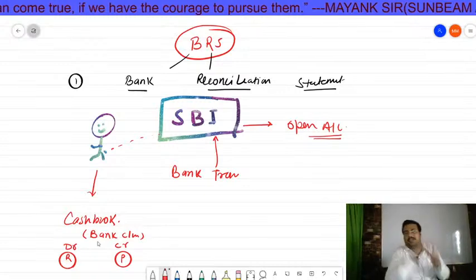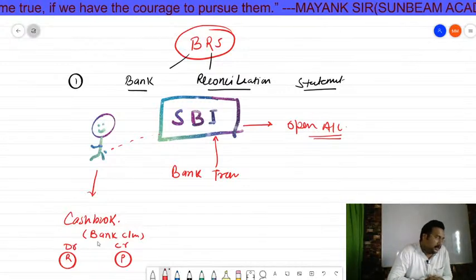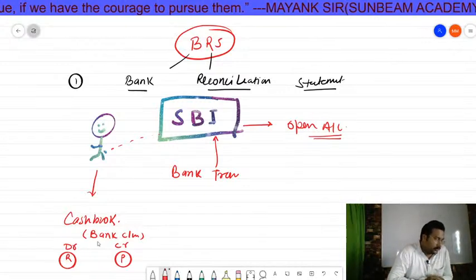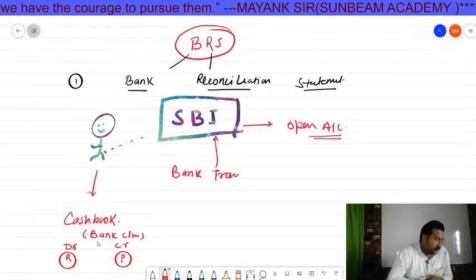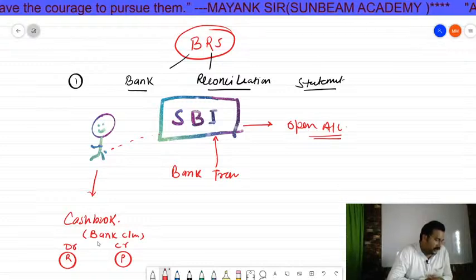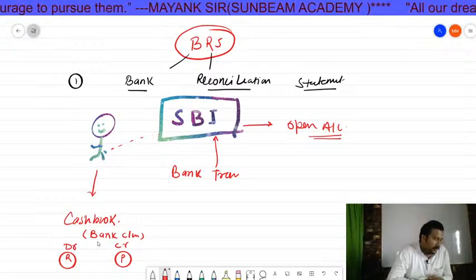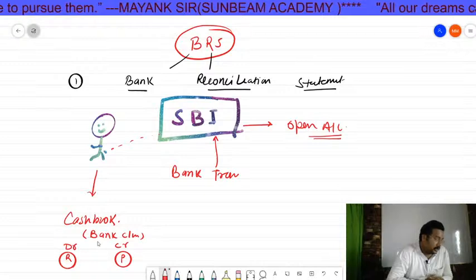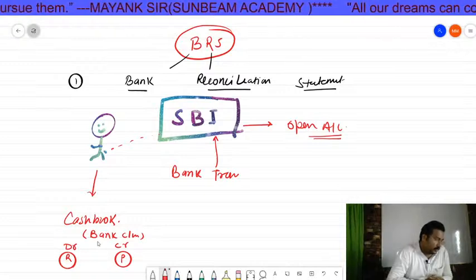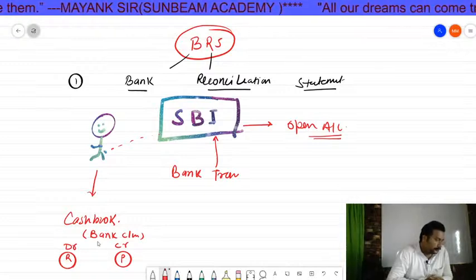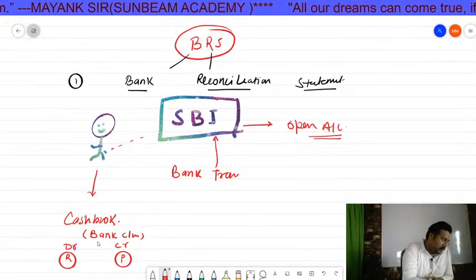If this much is clear to you, then you tell me, guys, so I can proceed to the other things. Very good, Tushar, Jitendra Gupta. I want the answer from everyone, whether it is clear or not clear. Shivam Tiwari, very good. Very good, bhai, very good.